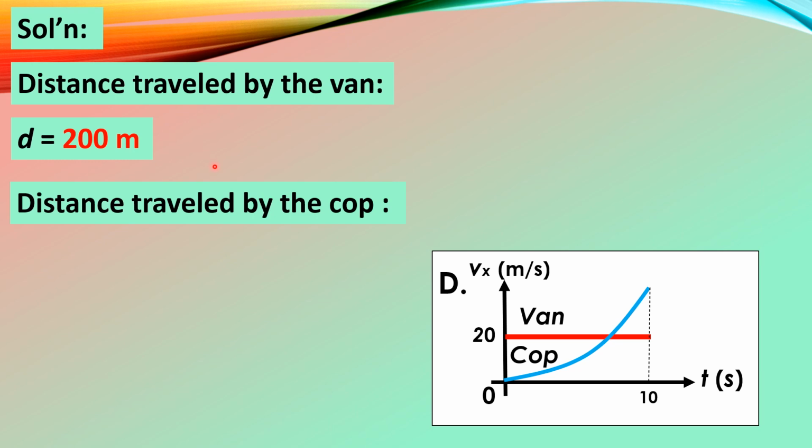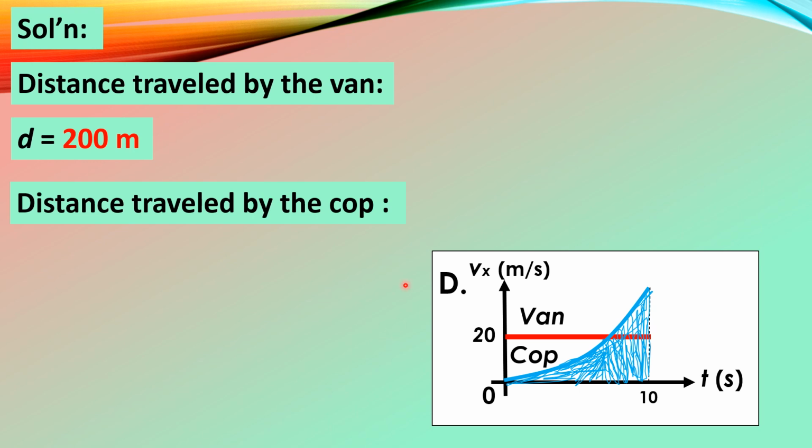For option D, the distance traveled by the van is still equal to 200 meters, while the area of the nearly triangular polygon shaded blue represents the distance traveled by the motorcycle.